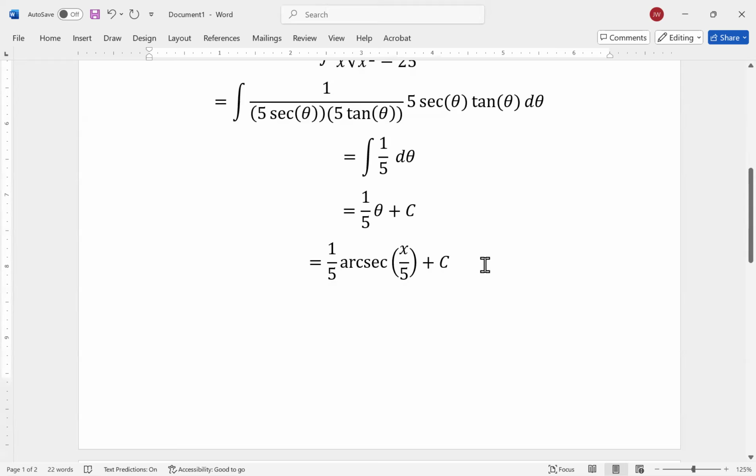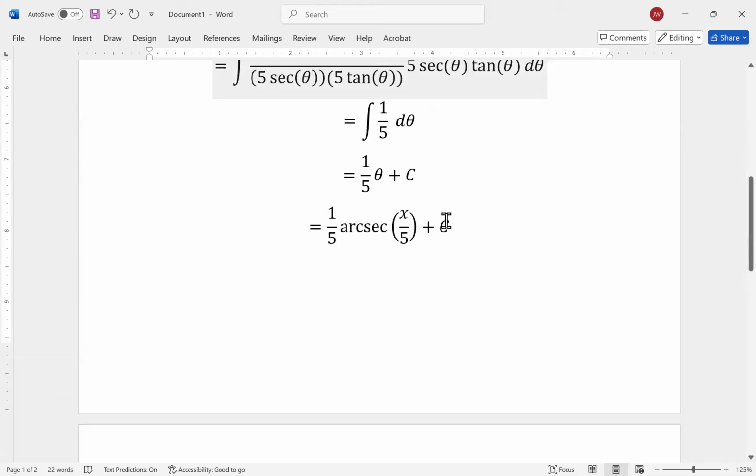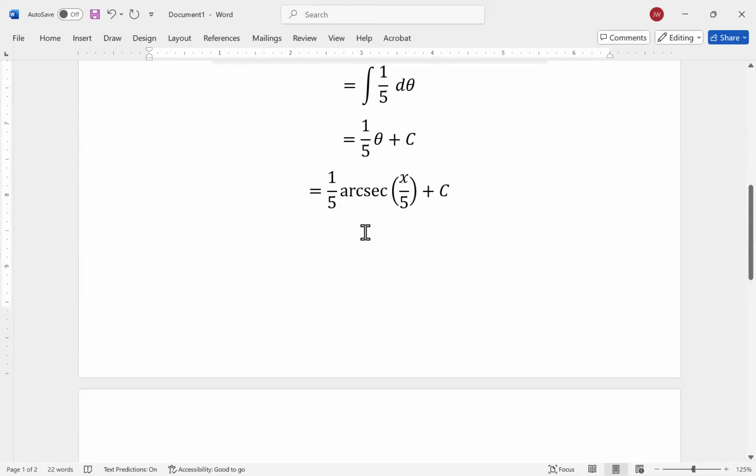But the result here is surprising because we started with some sort of rational type function. This wasn't a rational function because the denominator is not polynomial. We started with something that has 1 over x and then square roots in it. And then when we took the antiderivative of that, we got the inverse of some trig function. Again, that is pretty surprising.